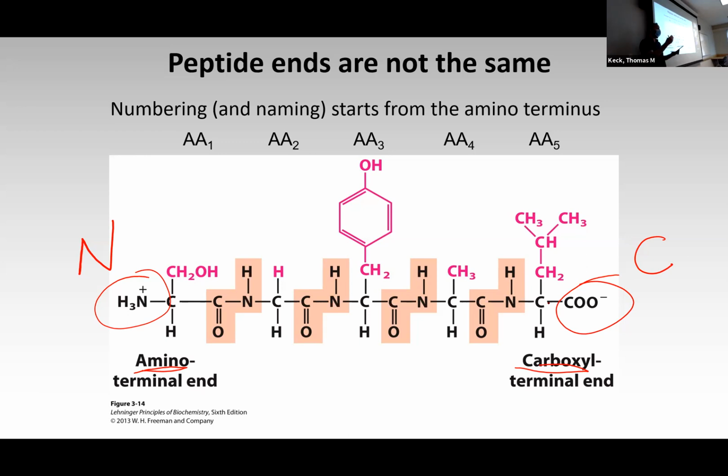So those numbers are logarithms. If your pKa is, say, 10-ish, that means it's 3-ish log units away from 7-ish, which would be physiological pH, which means about 1 in 1,000 of these amines would be deprotonated or uncharged, and about 1,000 out of 1,001 would be protonated and thus positively charged, right?